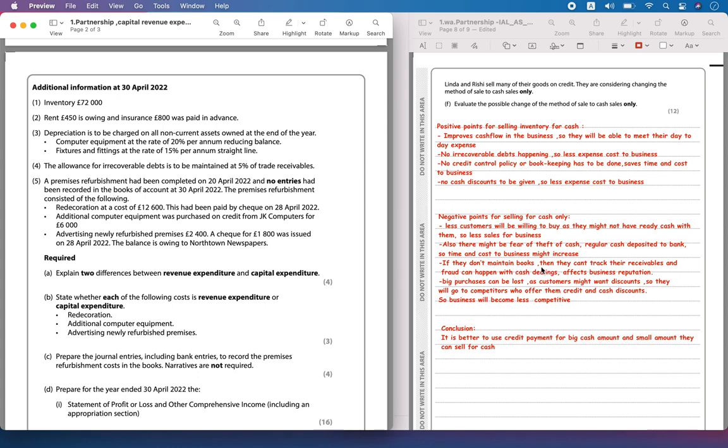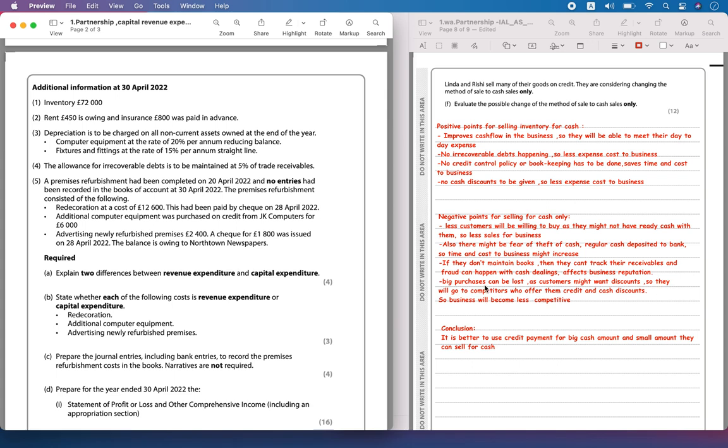If they don't maintain books for the cash dealings or for the credit dealings, then they will not be able to track for future purposes, which can affect the business decisions.